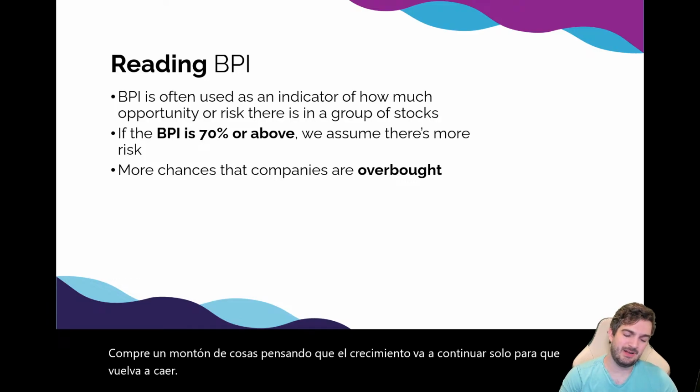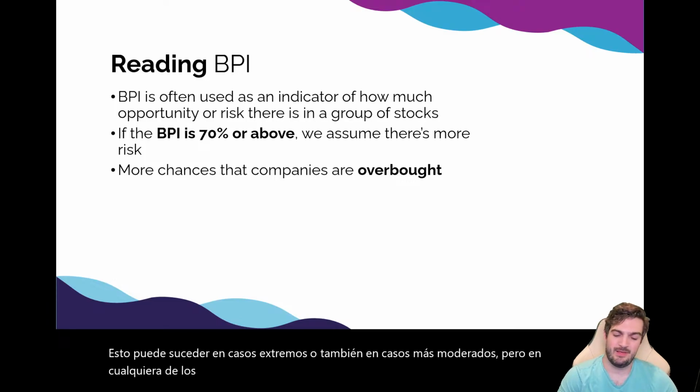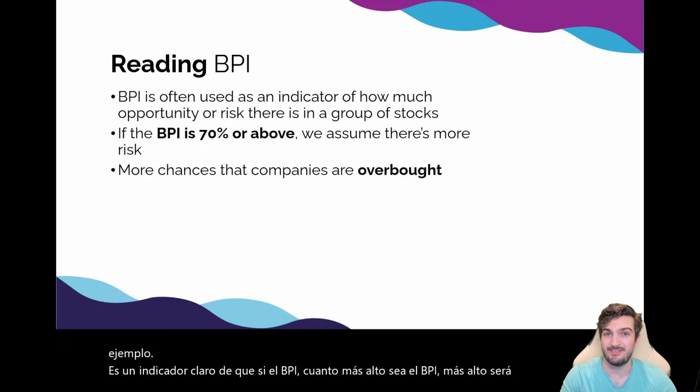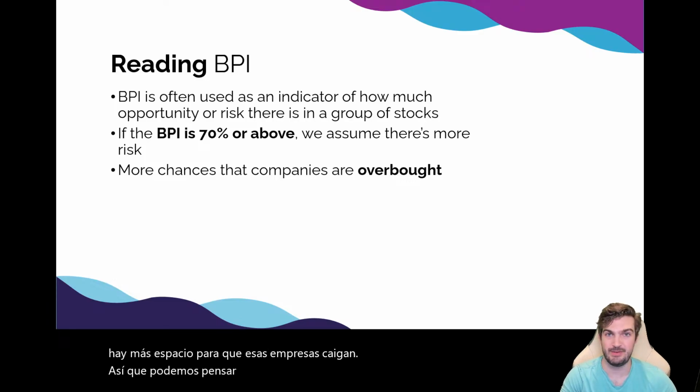This can happen in extreme cases or more moderate cases as well. But in either example, it's a clear indicator that the higher the BPI goes, the more risk there is, because now there's more room for those companies to fall. So we can think about it where a BPI of 70% or above we consider to be overbought.